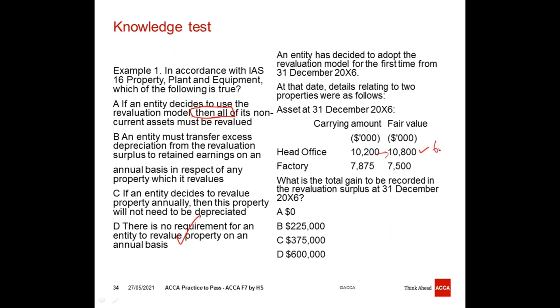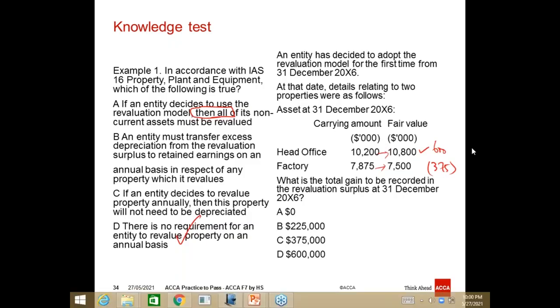There is a gain of 600, and there is a loss of 375. So the answer should be D.